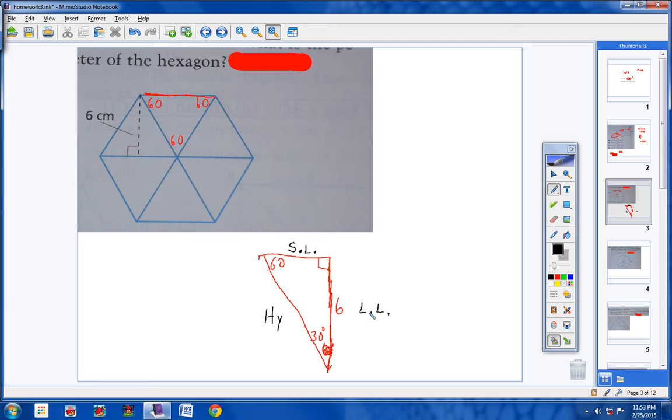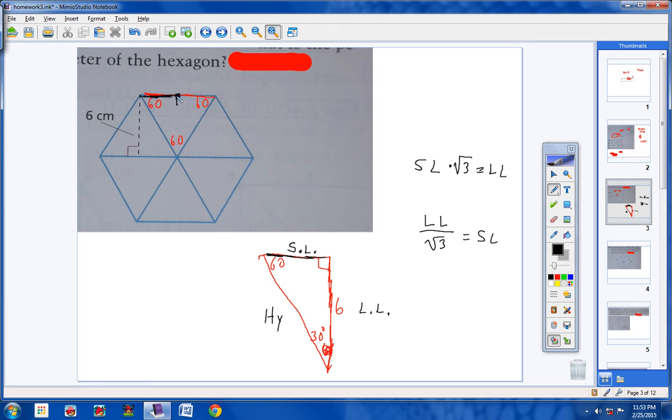We know that you can take the shorter leg and multiply it by the square root of 3, and that will give you the longer leg, okay?